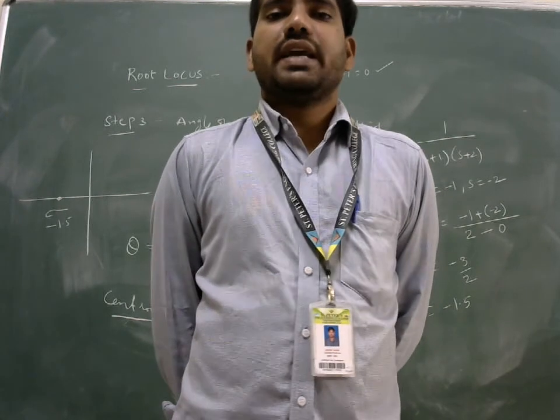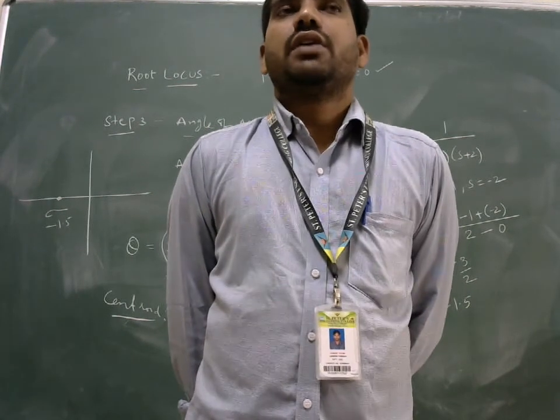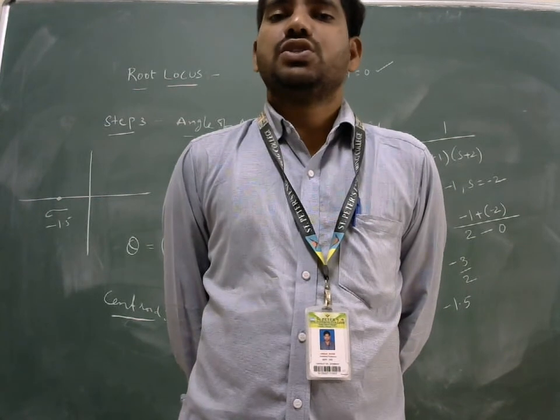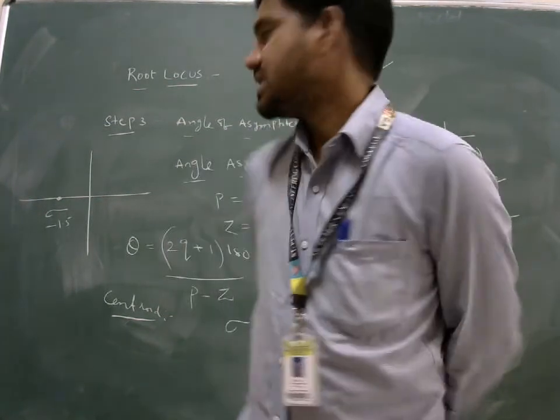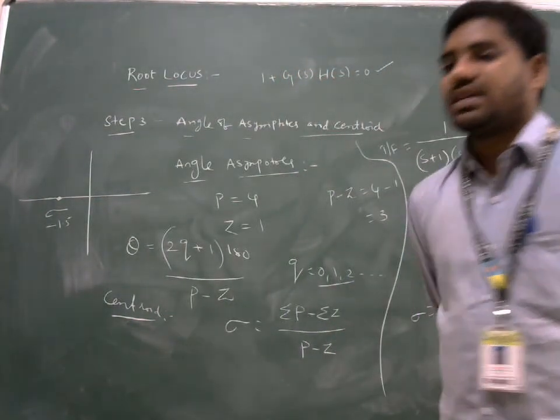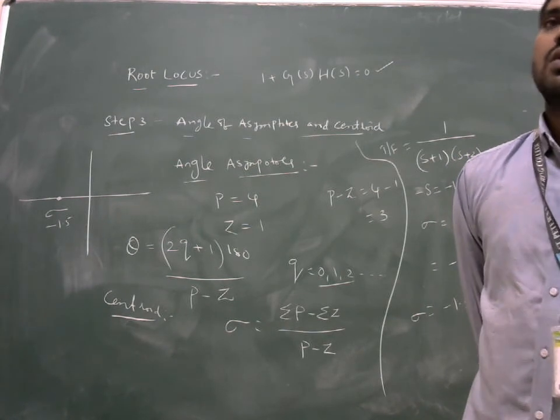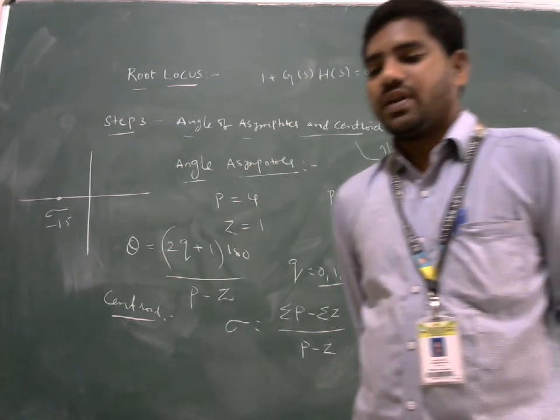Once you have the poles and zeros, you identify them on the real axis, and then the second step is the root locus on the real axis. That is a very, very important concept.